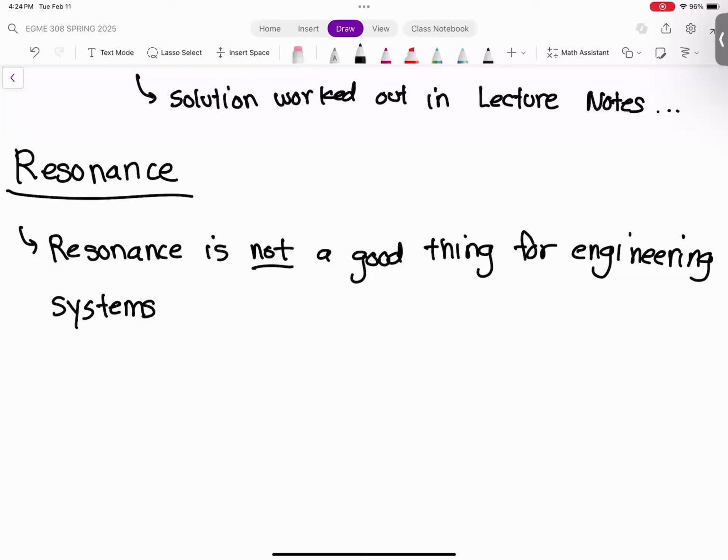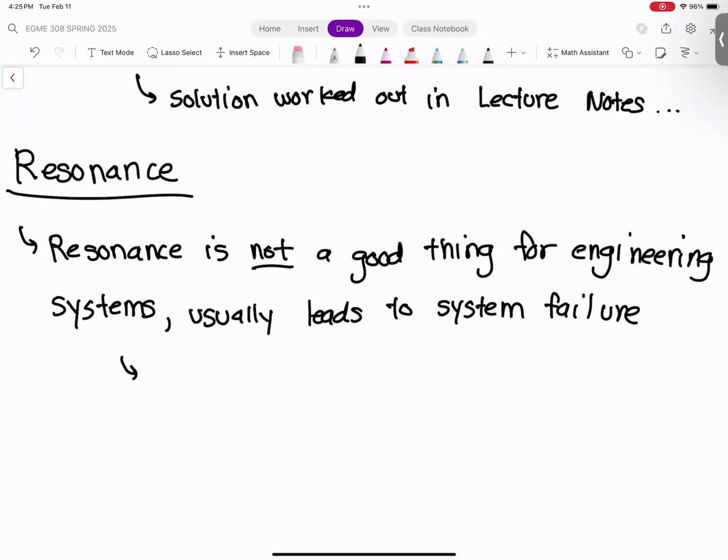The reason resonance is a bad thing is that usually if resonance occurs, you're going to have some kind of system failure of some kind.